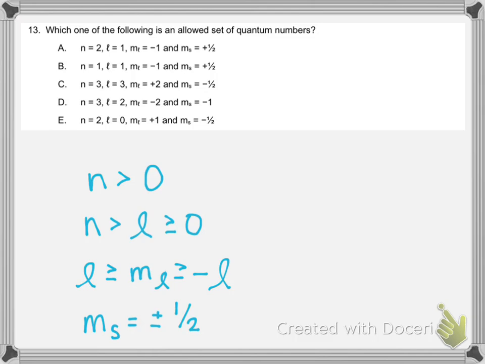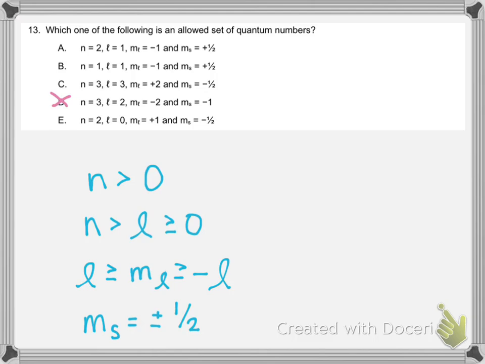And so, truthfully, I always just look first at the m sub S and quickly cross out any that have a spin that is not plus or minus 1/2. Usually that's kind of the most obvious to pick out.